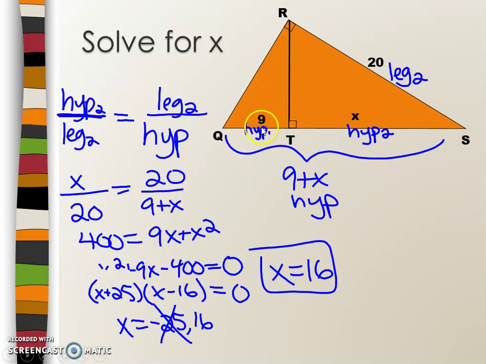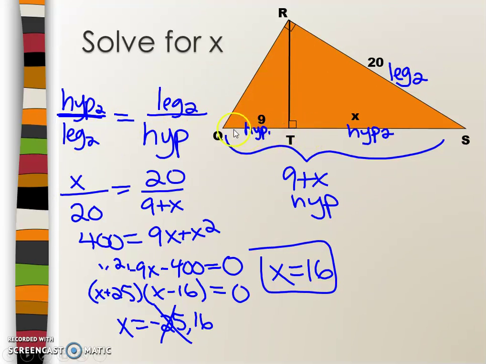We're going to look at hypotenuse 1, hypotenuse 2, and then this is the hypotenuse. We're going to label it. And this is leg 2. So this is leg 1, leg 2. The ratio we're going to use is this one: hypotenuse 2 over the hypotenuse, because they give you hypotenuse 2 and the hypotenuse, and then leg 2 and leg 2. That is the geometric mean.